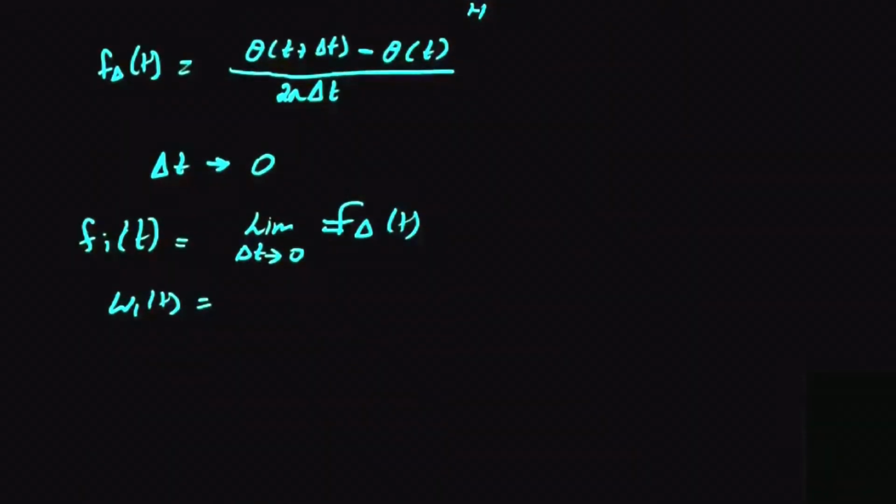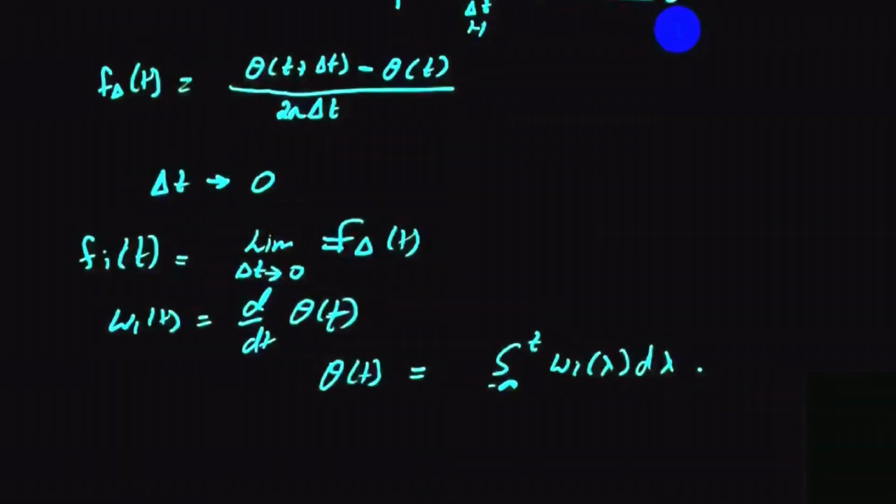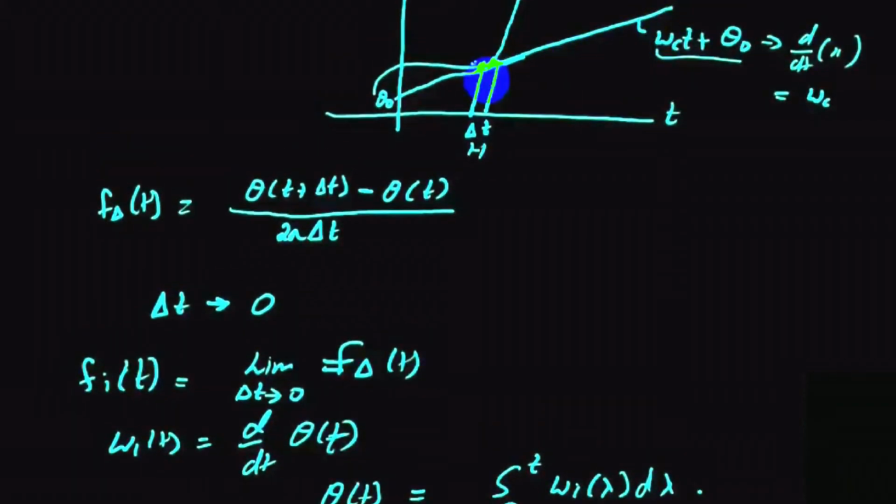That is, omega i of t is nothing but d by dt of theta of t, or also, theta of t is the integral from minus infinity of omega i of lambda d lambda. For simplicity of analysis, in the forthcoming discussion, we will set this theta naught, the intercept, equal to 0.